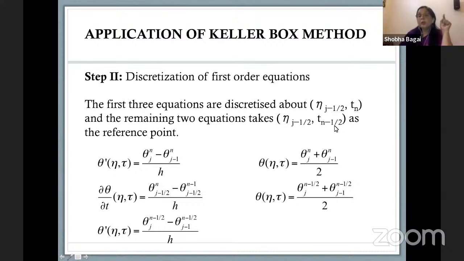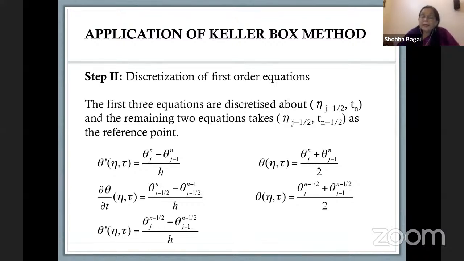Except in those equations which do not contain the derivative with respect to the time t, those equations can be discretized about the point eta j minus half, tn. And these were the different terminologies that we had used. So theta dash, to reiterate, is the derivative with respect to my space similarity variable eta.